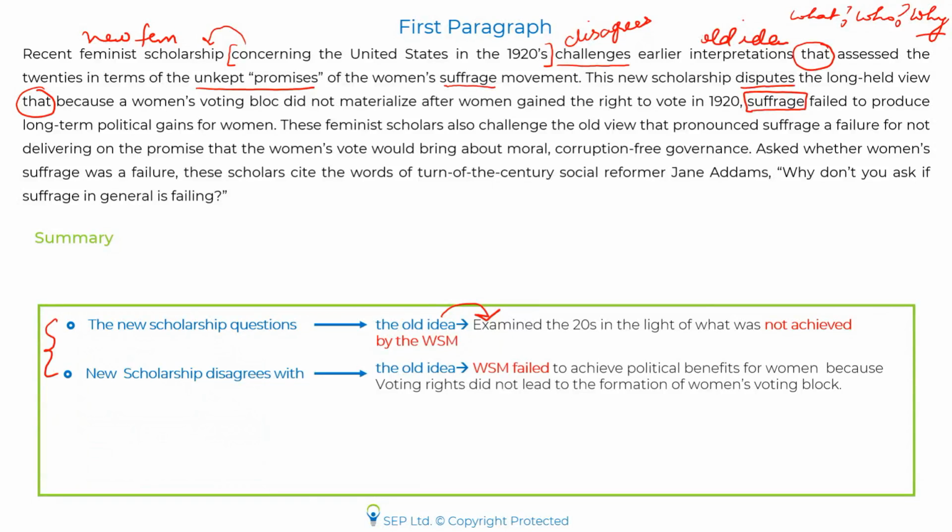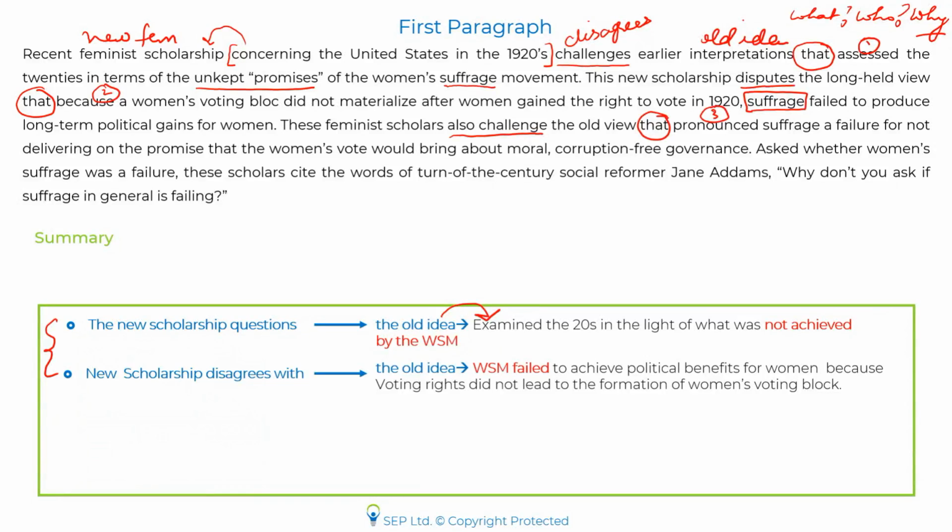All right, let me read the third sentence. These feminist scholars also challenge. Okay, so we are still continuing with the disputing, the challenging, the disagreement. They also challenge the old view that. So again, after that, I have another old view here.